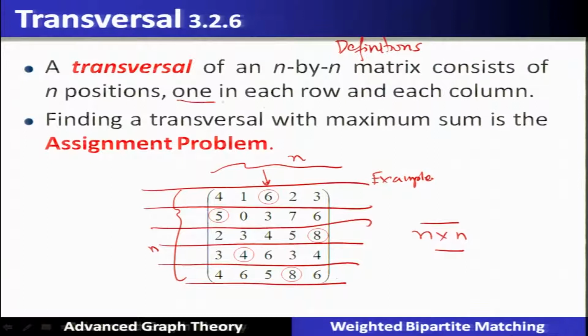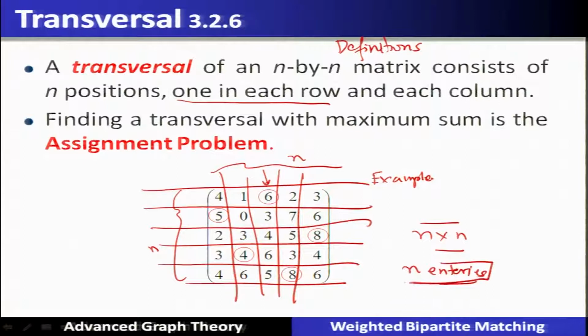In each row one element is selected, similarly in every column also one element is selected. In this way this particular matrix will have n entries earmarked in the n by n matrix, and this particular setting in which we could identify n different positions in an n by n matrix is called a transversal.